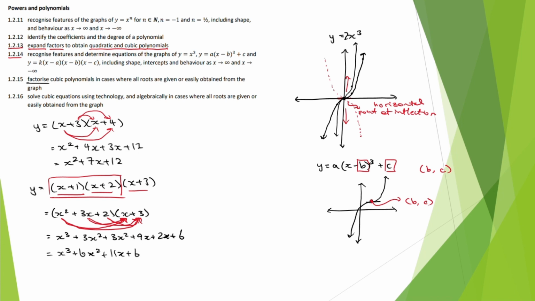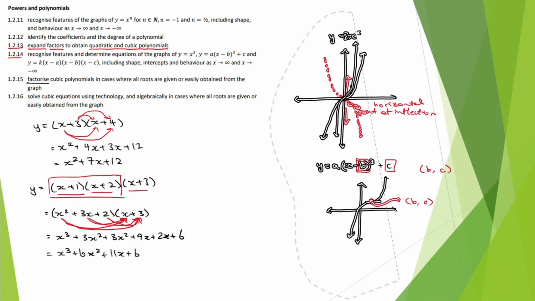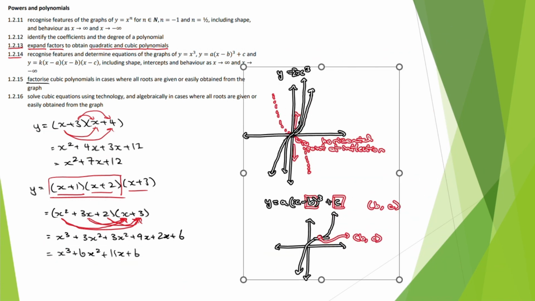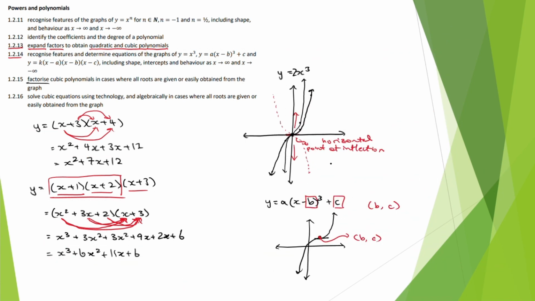Okay? And this is going to be something we formalize in the formal definition of what a function is. Okay, I'm just going to move these over a little bit so we can have a look at the root kind of form of a cubic. And so that's this form here, the root form.